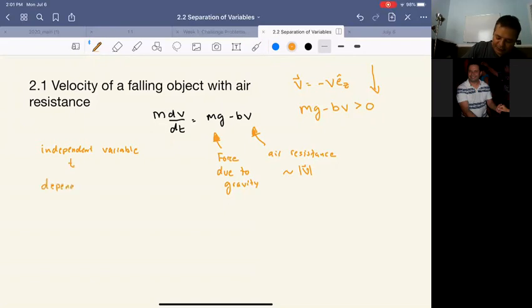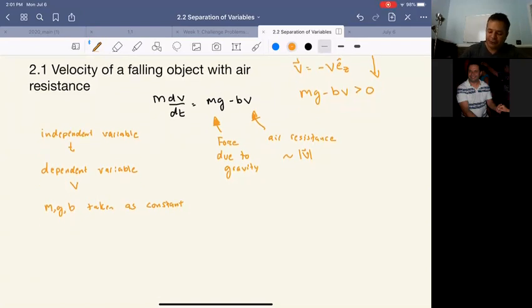Our dependent variable is v, and m, g, and b are taken as constants. Those are just numbers. We don't know what they are, but they're not variables.